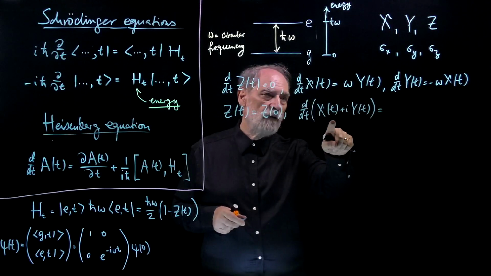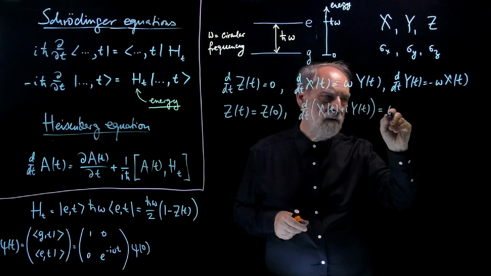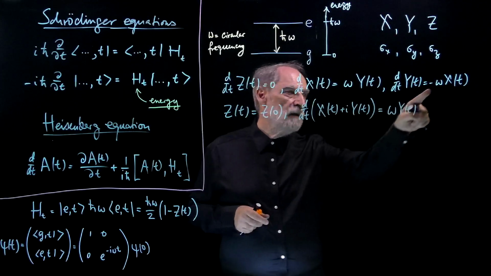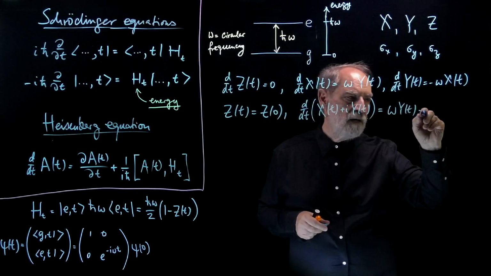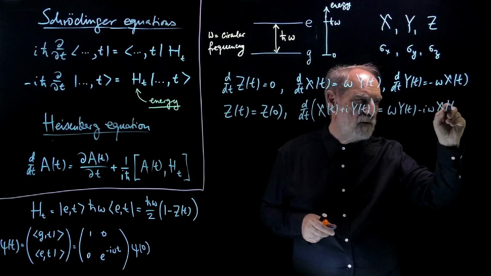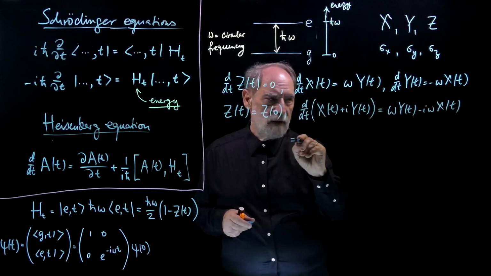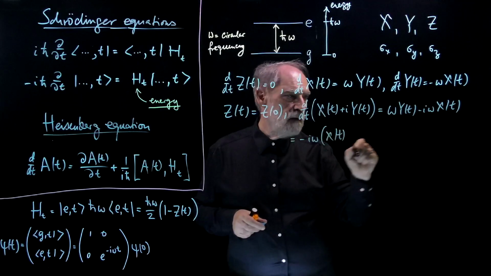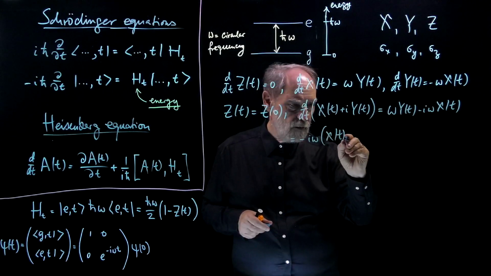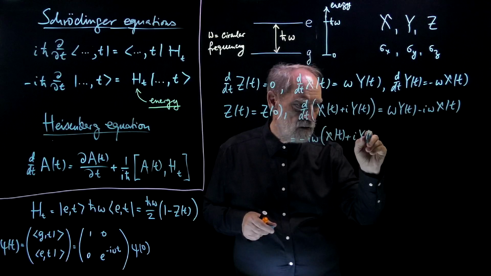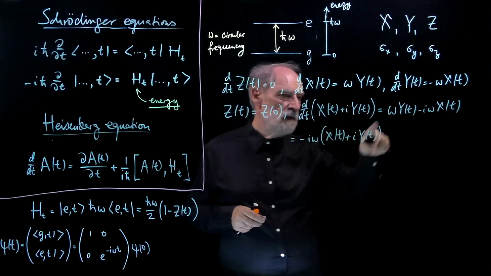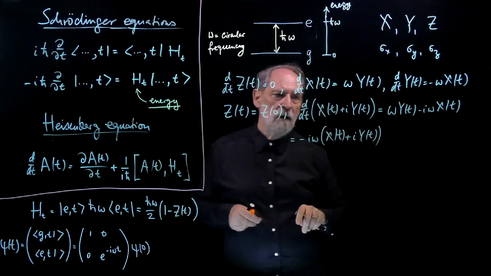Okay, the time derivative of x is omega y. The time derivative of y is minus omega x. So we have minus I omega x of t. I'm cleaning this up and I get minus I omega x of t. And for the omega y, it will be plus I y of t, because the negative I times the positive I is the plus 1 that we have here.